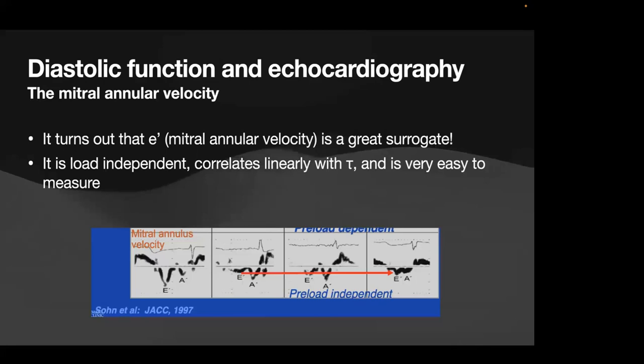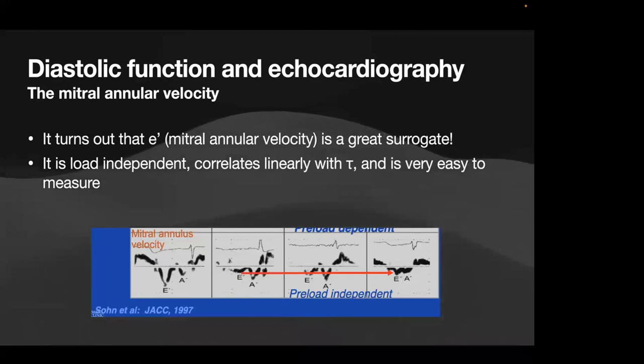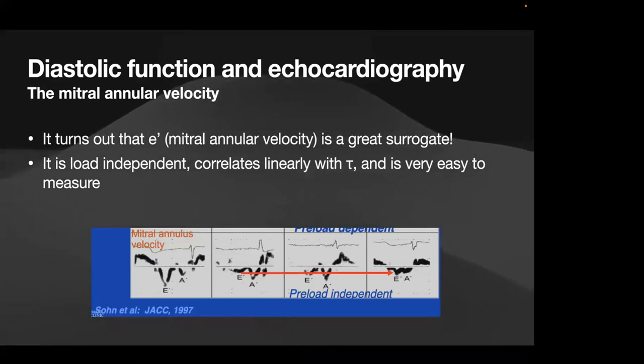What we see though, and importantly, this is the other part of that chart that we saw. On the top, we showed that E's and A's, so the inflow velocities of both your E wave and your A wave, are dependent on your preload, whereas the E prime velocities are independent of your preload. And that's huge, right? Because we want to figure out what the filling pressure of the heart is, but we don't want to turn all the little knobs that are necessary to understand the loading conditions of the heart.